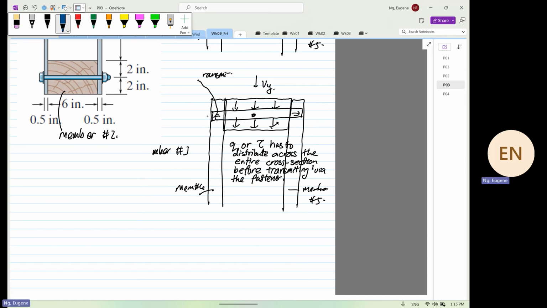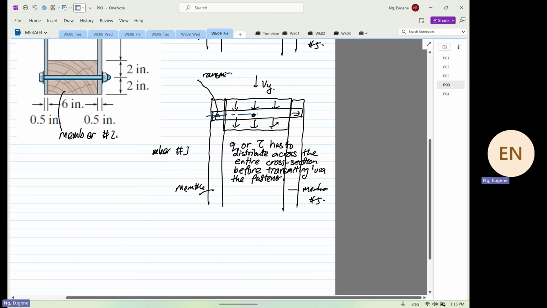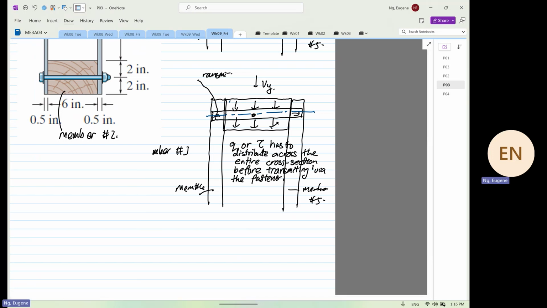If that's the case, why not we just, because your fastener is here, right? That's the axis of the fastener, yes or no? Why not we just take this area? Why do we need to take the bottom? You look at the fastener like a channel. Only when the entire section is distributed with the shear flow, then you will transmit via the joint.